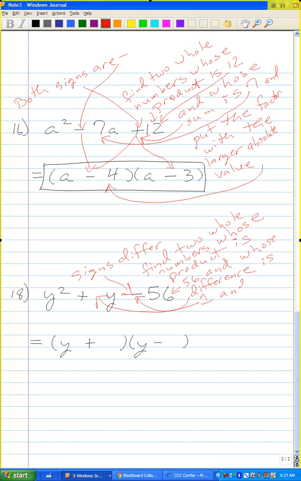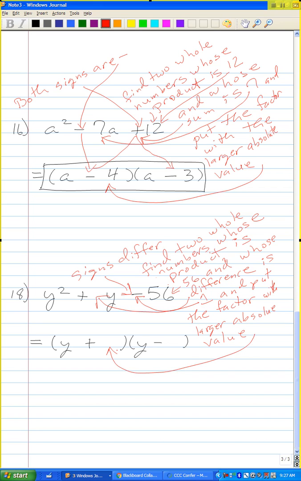And put the factor with larger absolute value in this place.